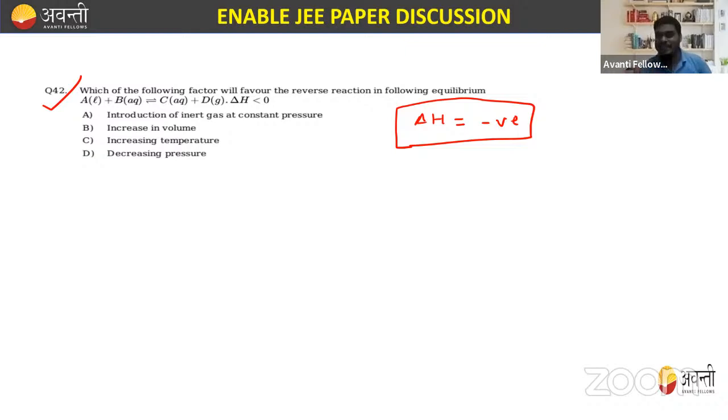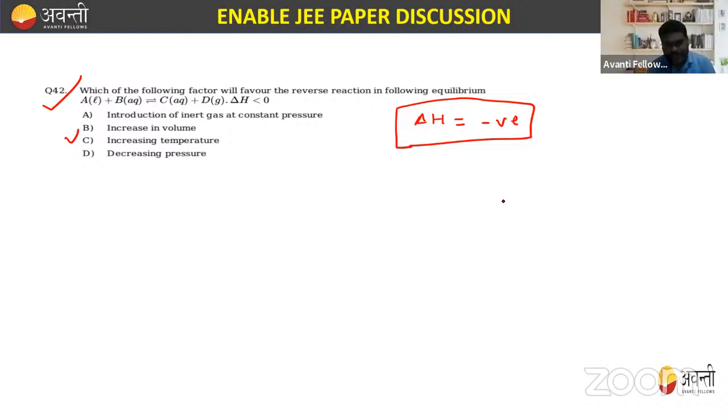So exactly that is what I need here, because in this question they want which of the following factors will favor the reverse reaction. So we know by the Le Chatelier principle that for the exothermic reaction, if we increase the temperature, then the equilibrium shifts in the backward direction to minimize the effect. So which of the following is correct? That is option number C. That is increasing temperature reverses this reaction.